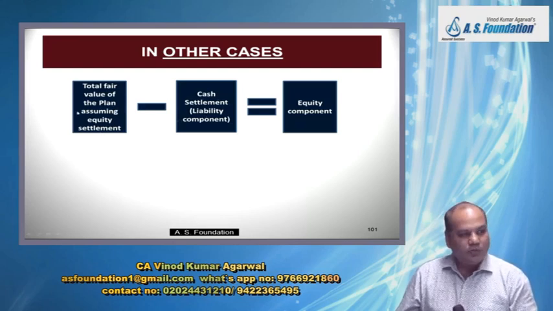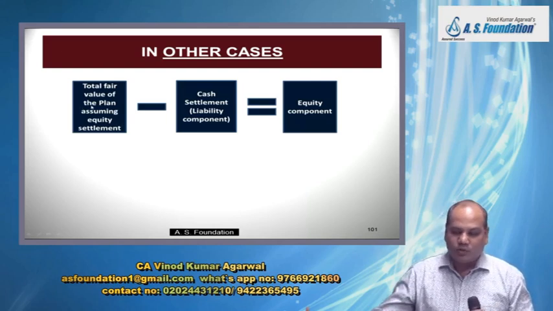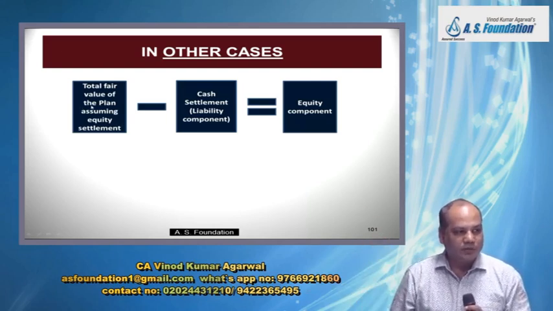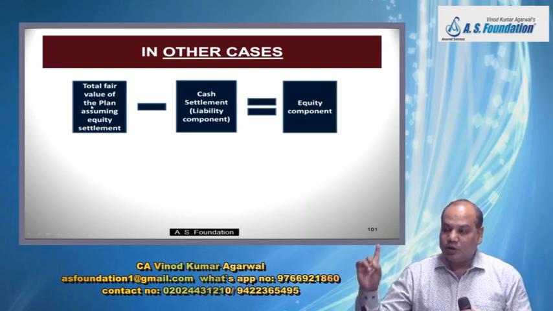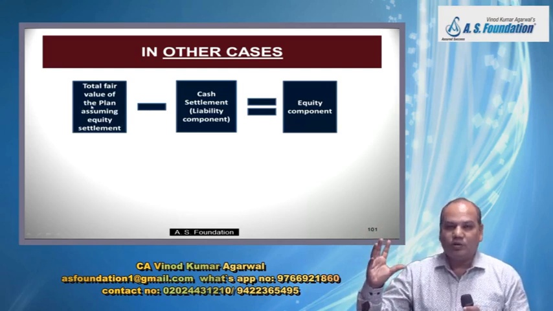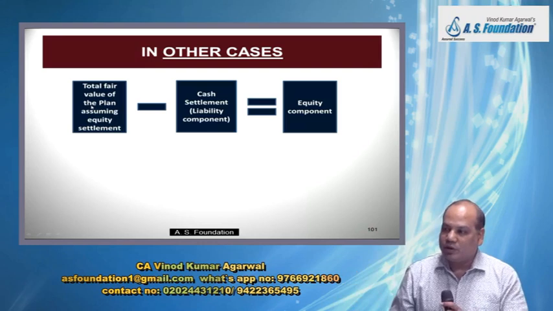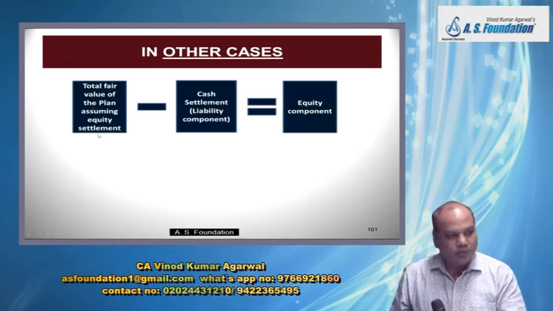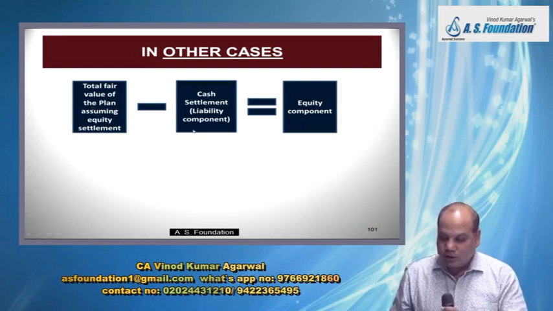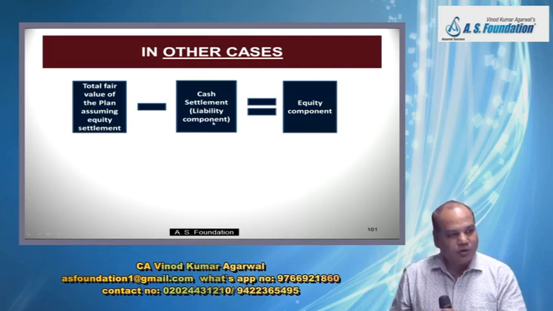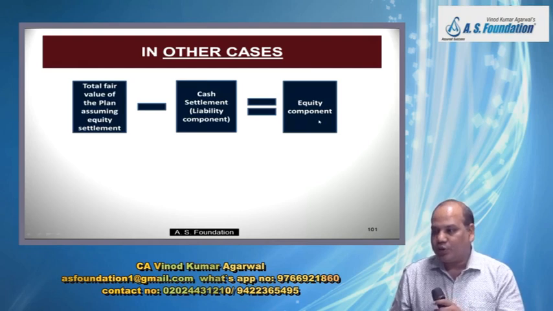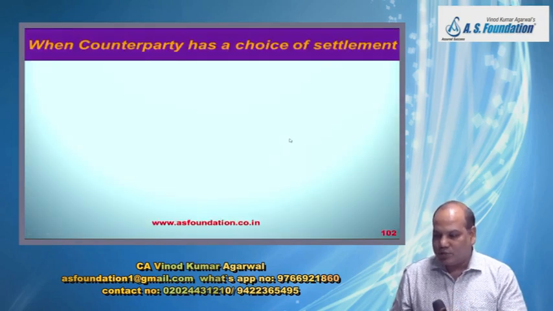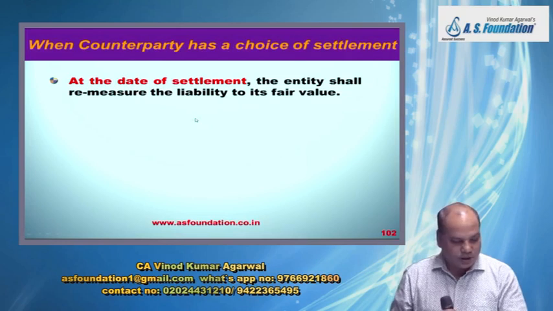First assume all of them will opt for equity, so that becomes the total fair value of that plan. Then you check what will be the value if everybody opts for cash. This is everybody opts for share minus everybody opts for cash. So this is called cash settlement or liability component. The difference is called equity component.